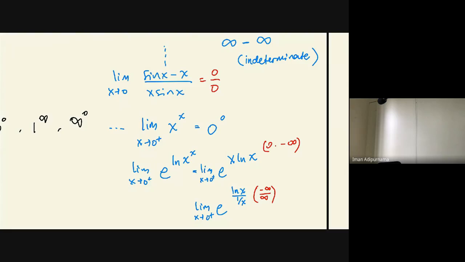First it's 0 with the power of 0. Using the e, you rewrite the form and you have x ln x, which is 0 times negative infinity, the previous case before. In this case we can flip the 1/x to the bottom here, and it becomes infinite over infinity, and we can solve this.